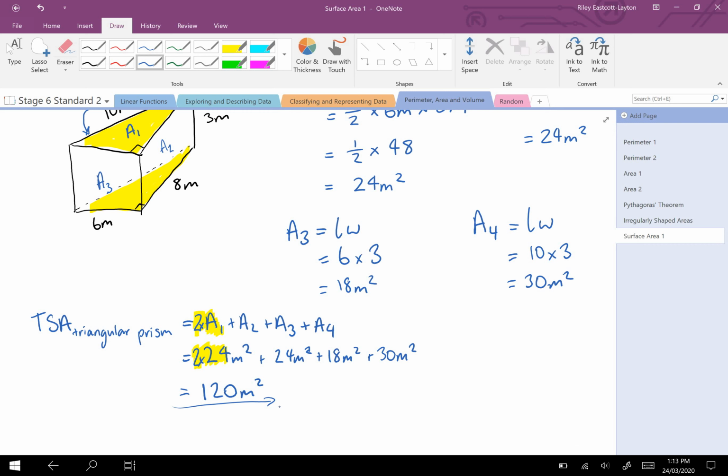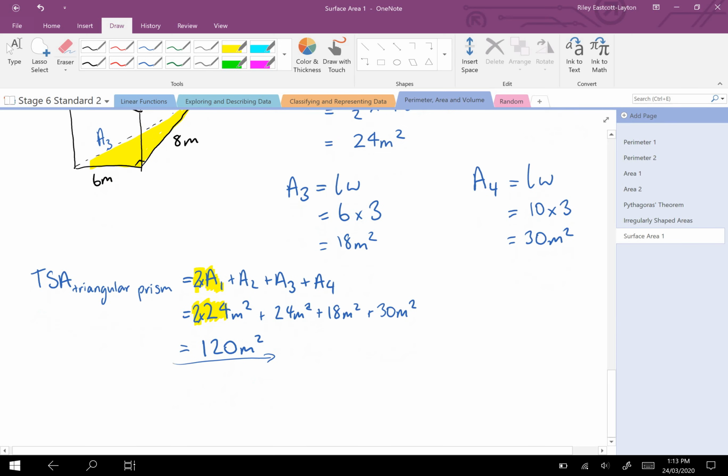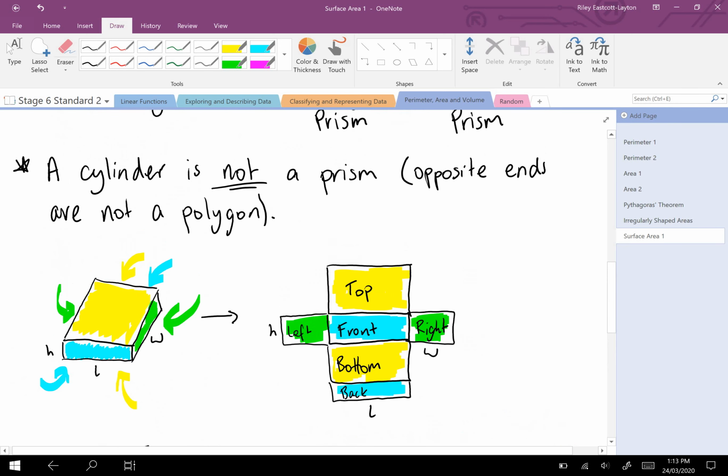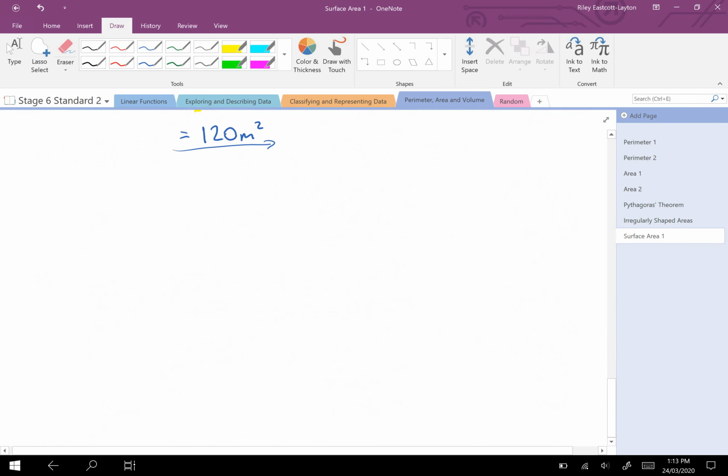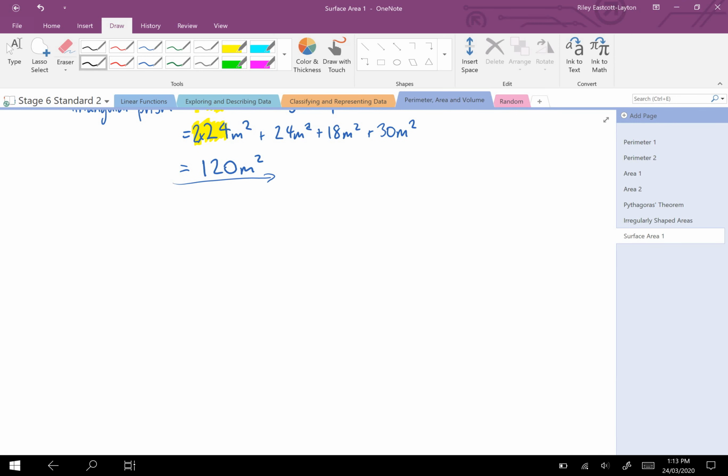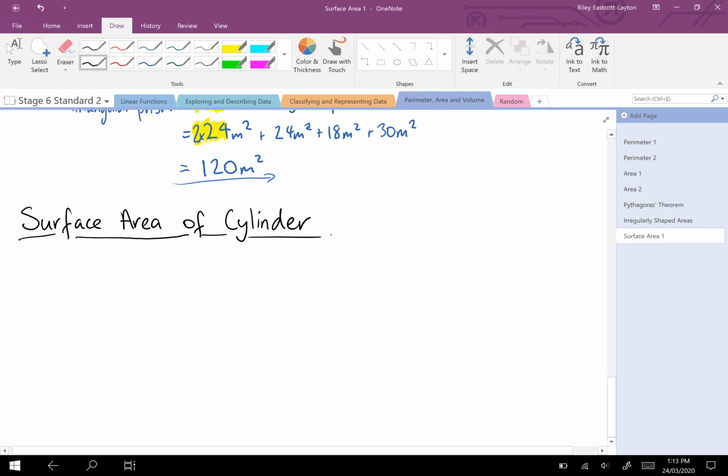The next thing that we're going to be looking at is the total surface area of a cylinder. So what have we written before? Prism. Okay. So here we're going to go surface area of cylinder. It's a little subheading.